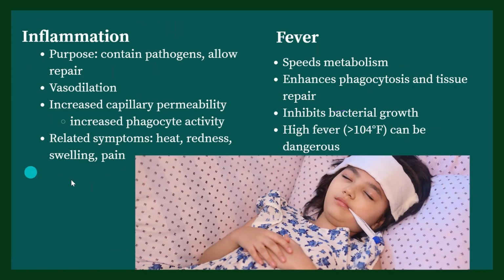And then for another set of non-specific defenses, we have inflammation and fever. They contain the pathogens. With inflammation, we have vasodilation, which increases the capillary permeability in the tissue so that white blood cells can get in there.